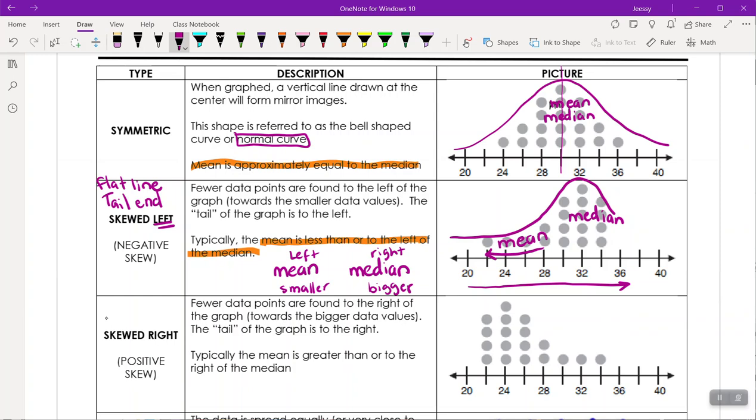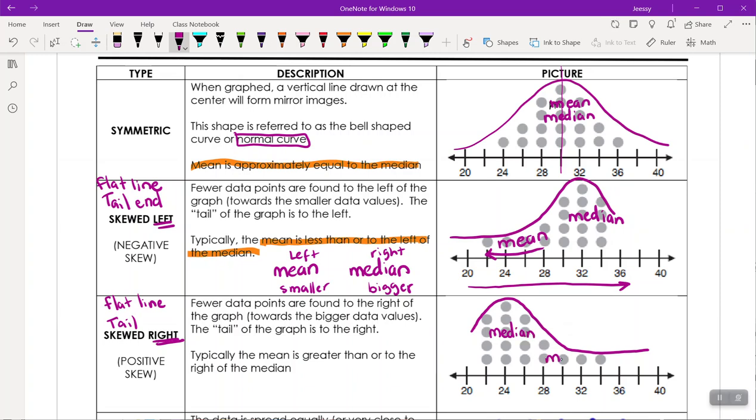Skewed right means that your flat line is on the right, that your tail is on the right. Positive skew. And by this we mean you have most of your data here in the lower part, and then over here is where you get your flat line, your tail. Remember, the median is going to be where most of the data is, clear?